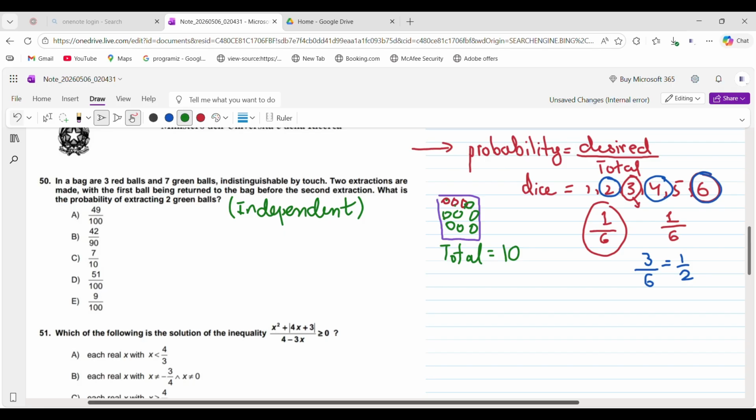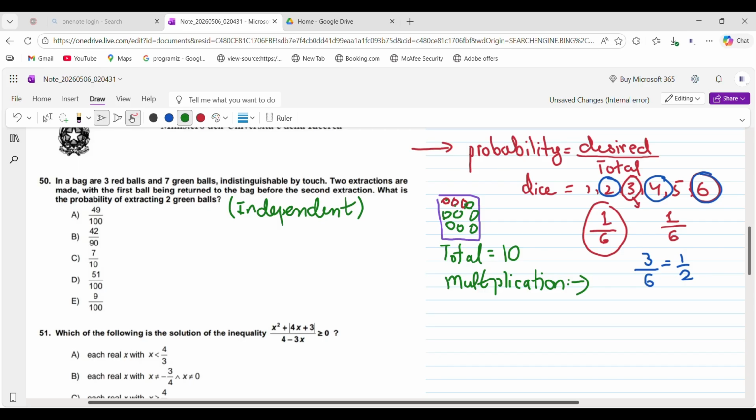Okay, so whether your event is independent or dependent, you must be familiar with the concept called multiplication law. We have basically so many laws in probability. We have addition laws as well, and multiplication laws.